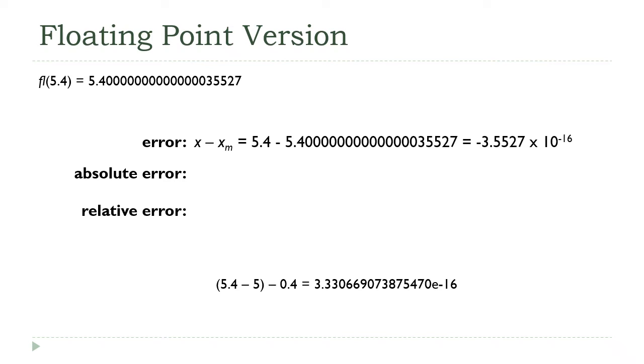Why is that? Well, the answer is converting 5.4 to 5.00 and so on required one approximation. Doing this arithmetic operation down here, first the 5.4 had to be approximated. Then 5 is an integer, 5 is a machine number, so there wouldn't have been any approximation there. But then we had to do the subtraction, so the result of the subtraction had to be approximated. 0.4 is not a machine number, so that has to be approximated.